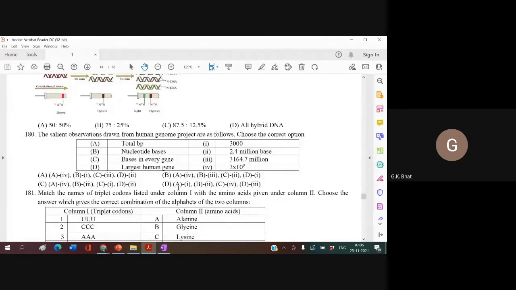180. What is the answer? C. A? The salient observations done from Human Genome Project. Choose the correct option. How many nucleotide bases?